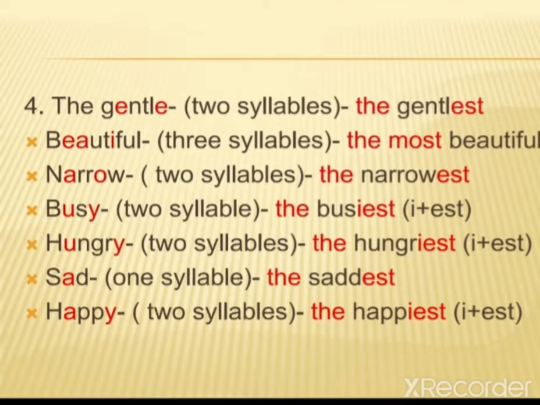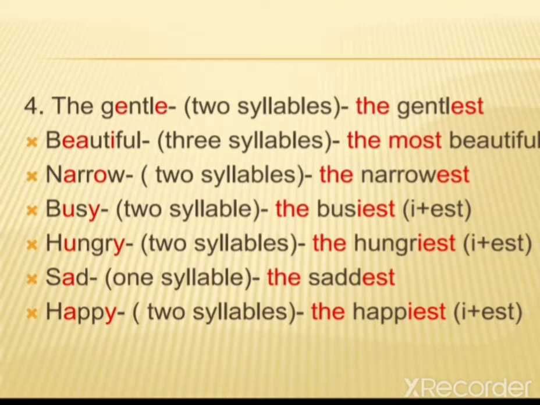Beautiful. Okay. If we look at the word gentle, we don't say gently, but because it's LE together, this is going to make another syllable sound. So we say gentle.